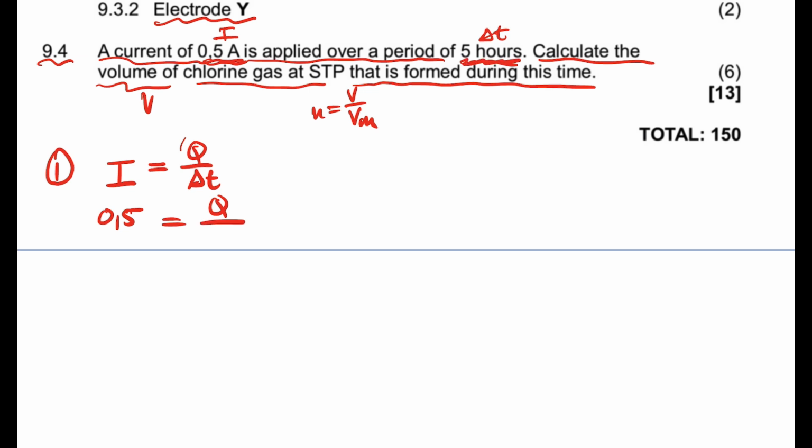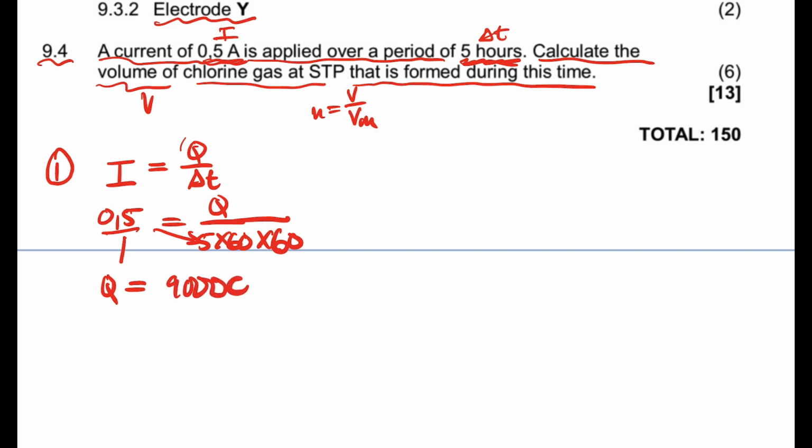We must be careful. This is hours, you need to convert it into seconds. That means it's 5 times 60, converting into minutes, and times another 60, converting into seconds. So if you cross multiply, the charge is going to be 9,000 coulombs.